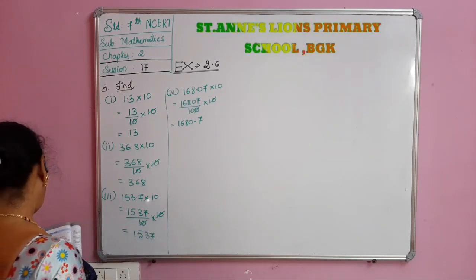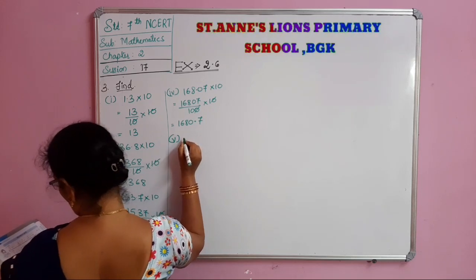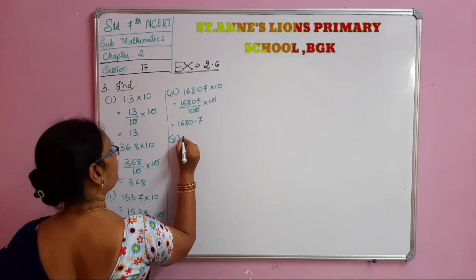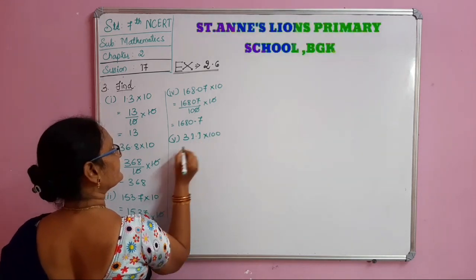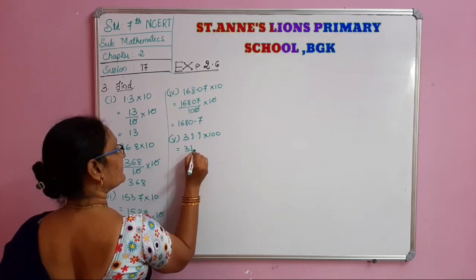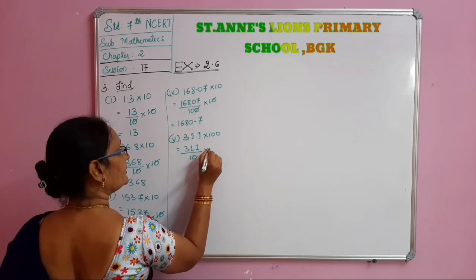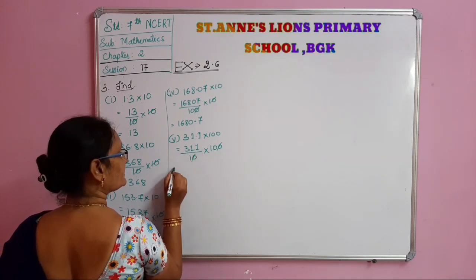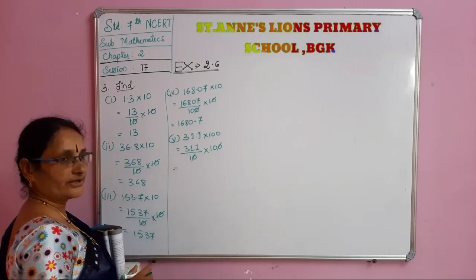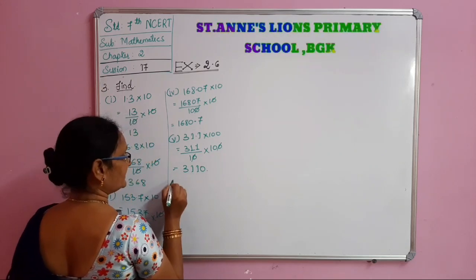Okay. Next, fifth one, 31.1 into 100. See, 311 by 10 into 100. 0 got cancelled. This is what? 311 into 10 means 3110 is the answer.